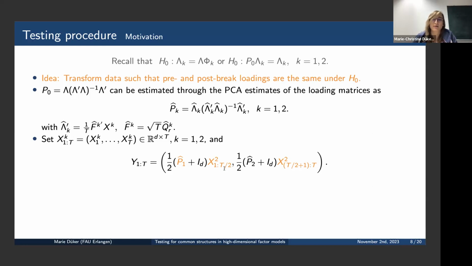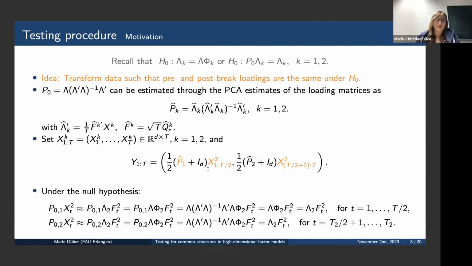So we look at the data 1 to T over 2, and then T over 2 plus 1 to T. And then we transform the data by applying the projection matrix from the other series. So we calculate our estimator of the projection matrix based on our series x1, and we apply this projection matrix to the first part. And we don't change the second part for now. So just ignore the black parts here.